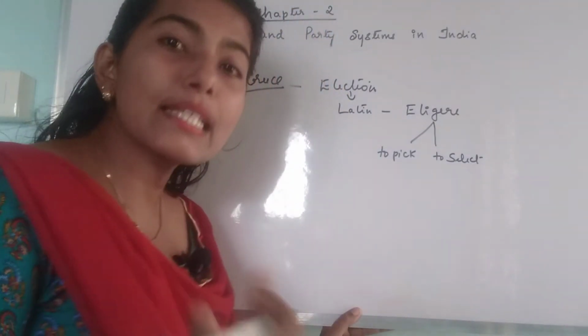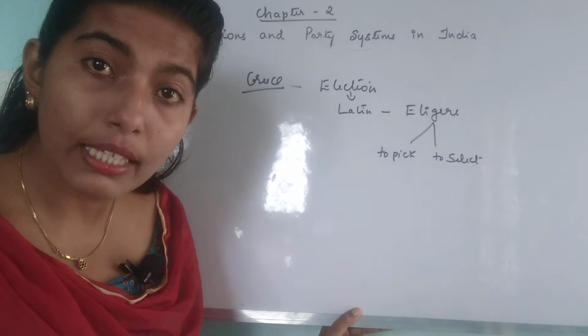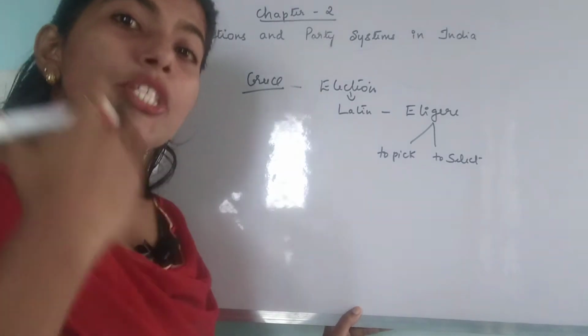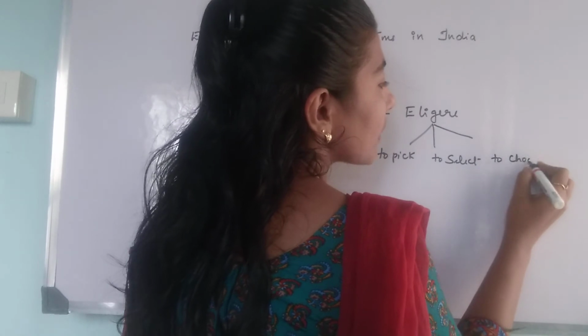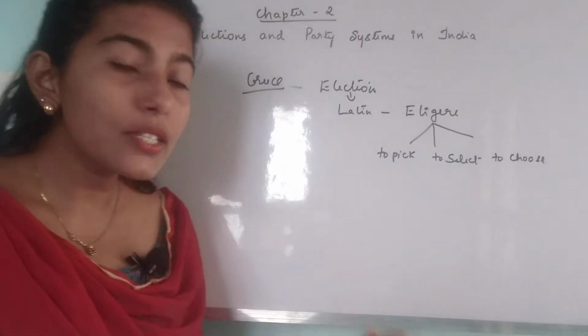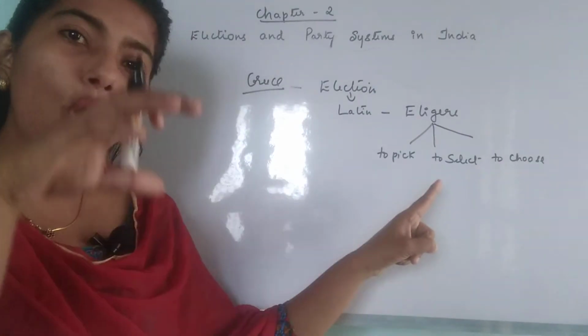We are selecting something, picking something. At the same time, eligere means to choose. So these are the three meanings of the word eligere in Latin: picking, selecting, or choosing.